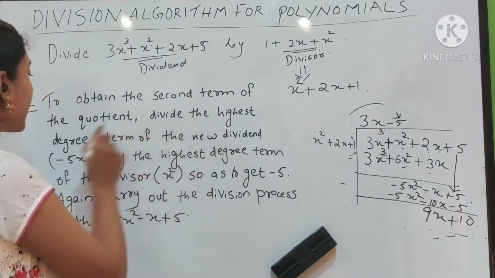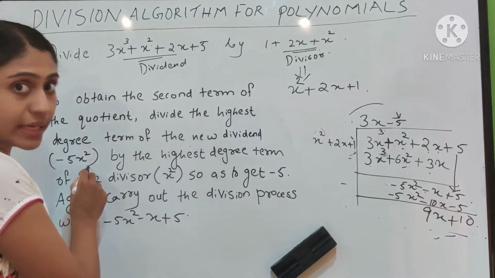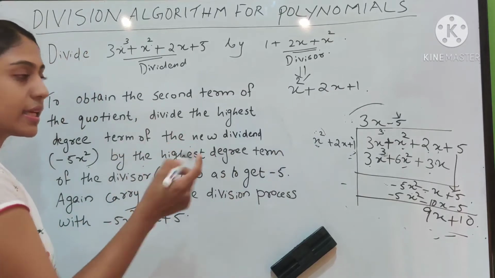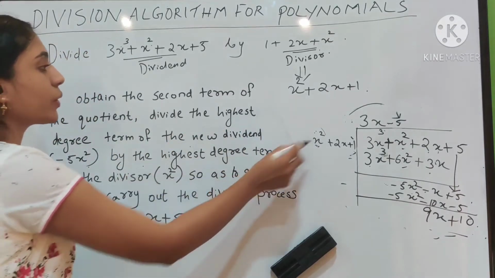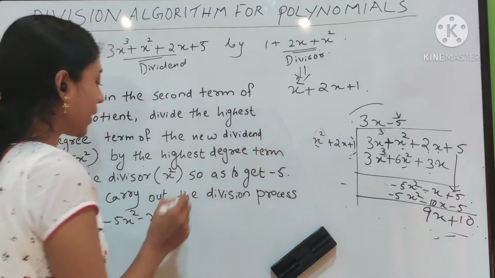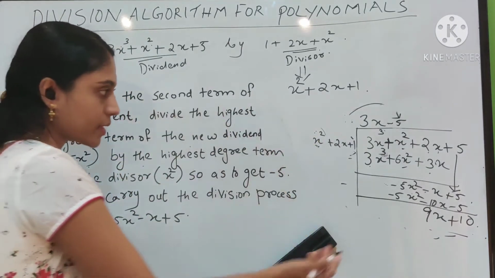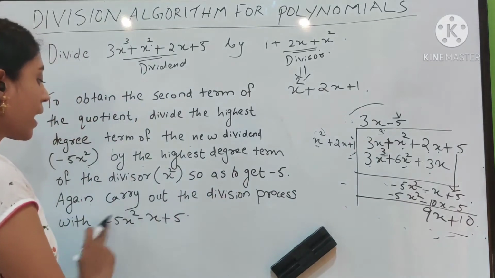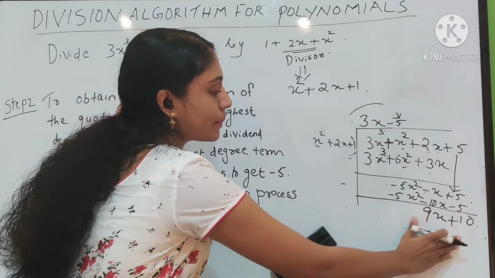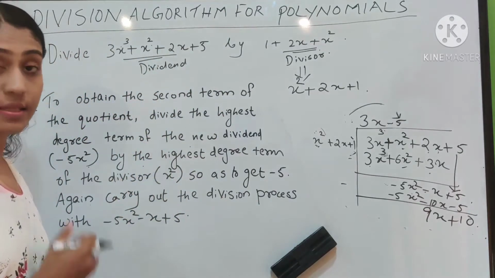So divide minus 5x square by the highest degree term of the divisor, which is x square, so as to get minus 5, so that we get the second term of the quotient as minus 5. Next, carry out the division process. We carried out the division process with minus 5x square minus x plus 5, and we got the remainder as 9x plus 10. So this is step number 2.